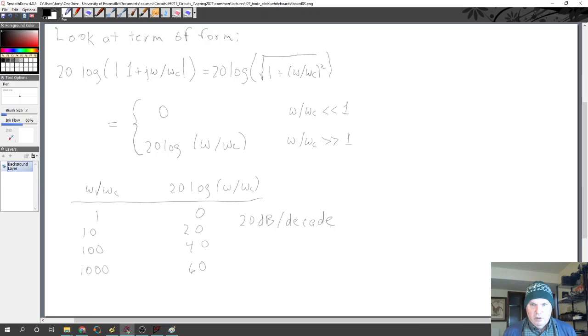As my frequency goes up by a factor of 10, which is called a decade, the magnitude response increases at this 20 dB per decade rate.